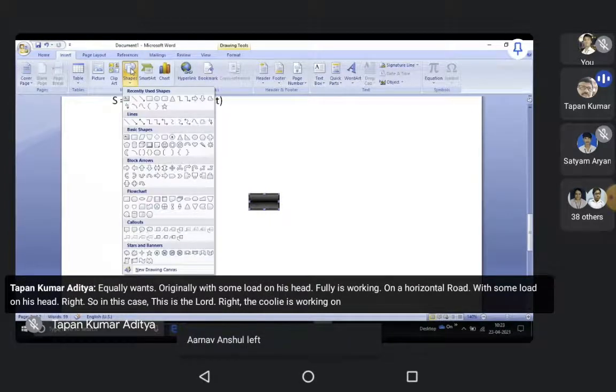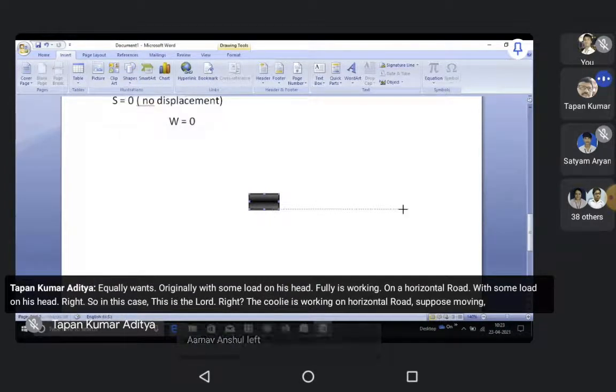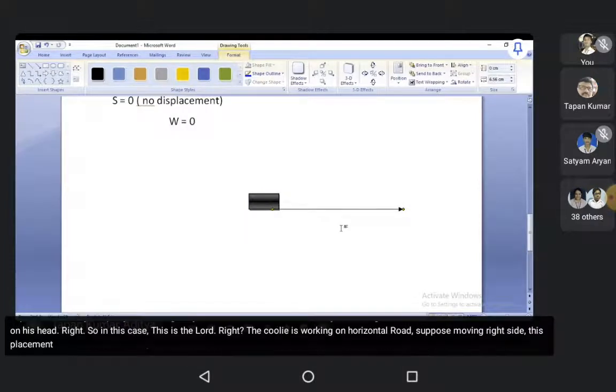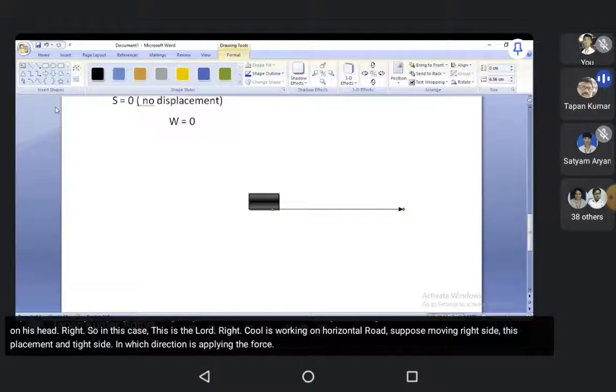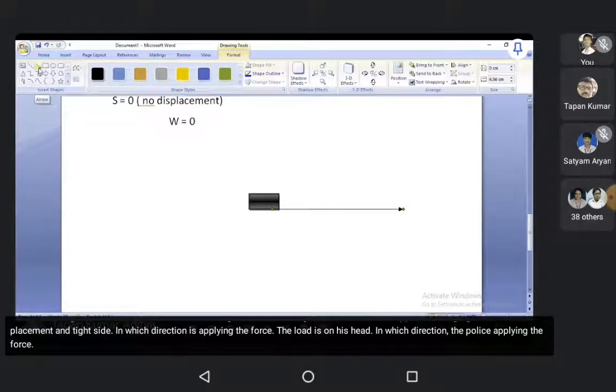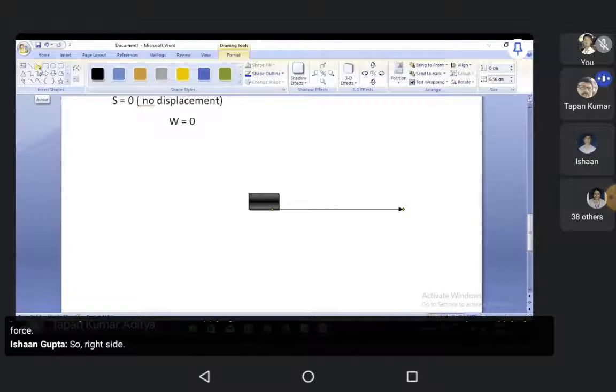The porter is working on a horizontal road, suppose moving right side, displacement in right side. In which direction is he applying the force? The load is on his head.